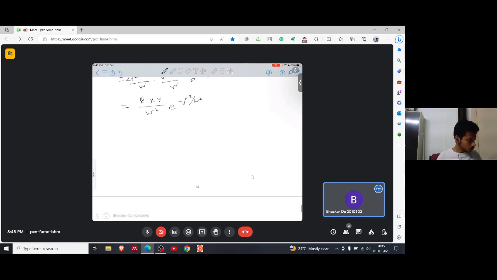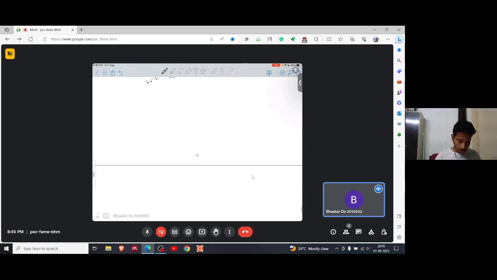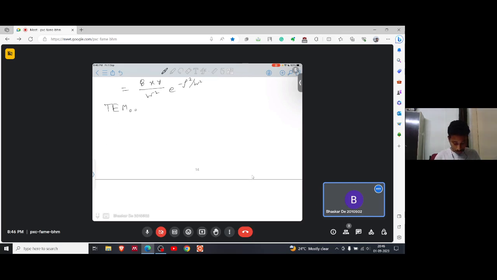So now I'll just show the plot of TEM 00. So this is E. Again, if I convert it into the intensity, then it will have the same Gaussian type of form. My drawing is not symmetric by the way, but it should be.